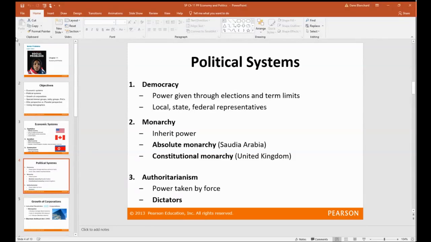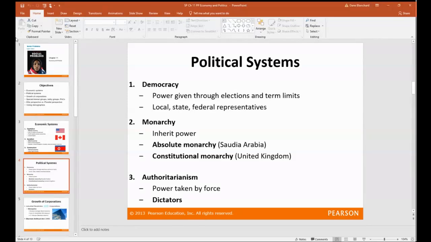The third one is called an authoritarianism type of political system. This is going to be more of a dictatorship. So in an authoritarian type of environment, this is where power is typically taken. So one example of that would be North Korea, Kim Jong-un.